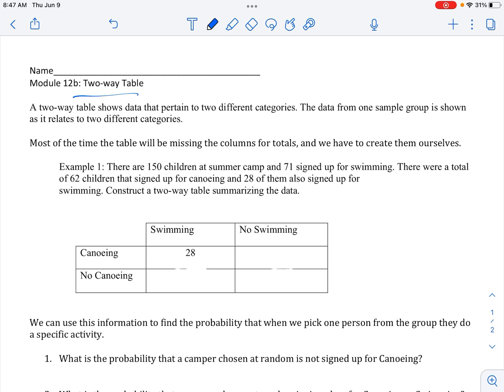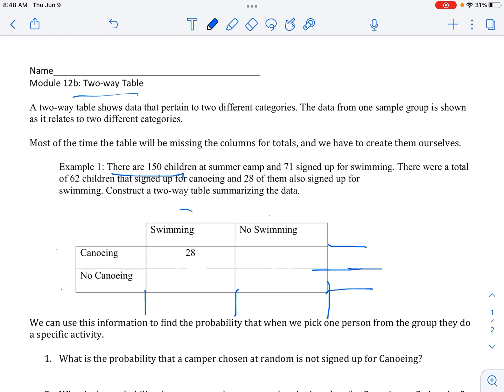All right, so important information. There are 150 children at the summer camp. All right, so that's total. They're going to break them down into swimming and no swimming, and canoeing and no canoeing. But there are some things we can add to this table that are going to help us. So I'm going to actually extend those columns and extend these rows to help us.